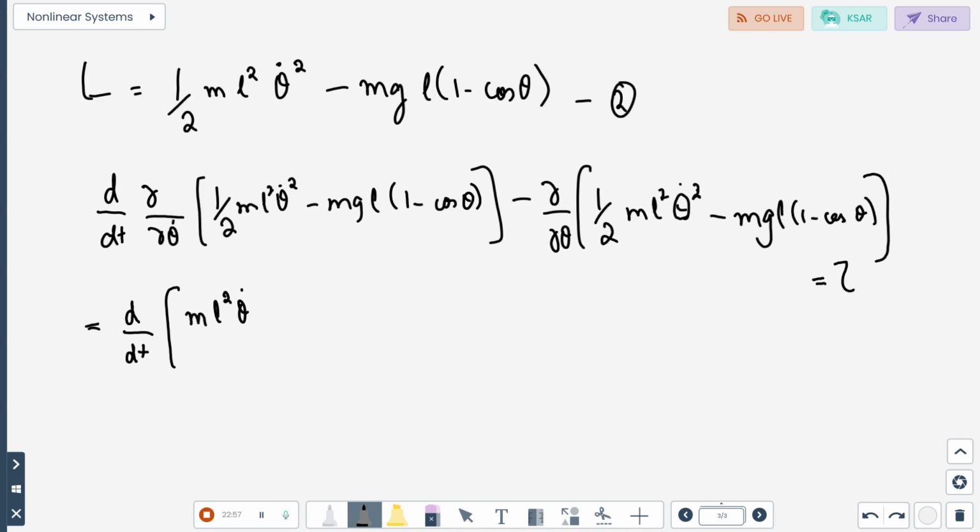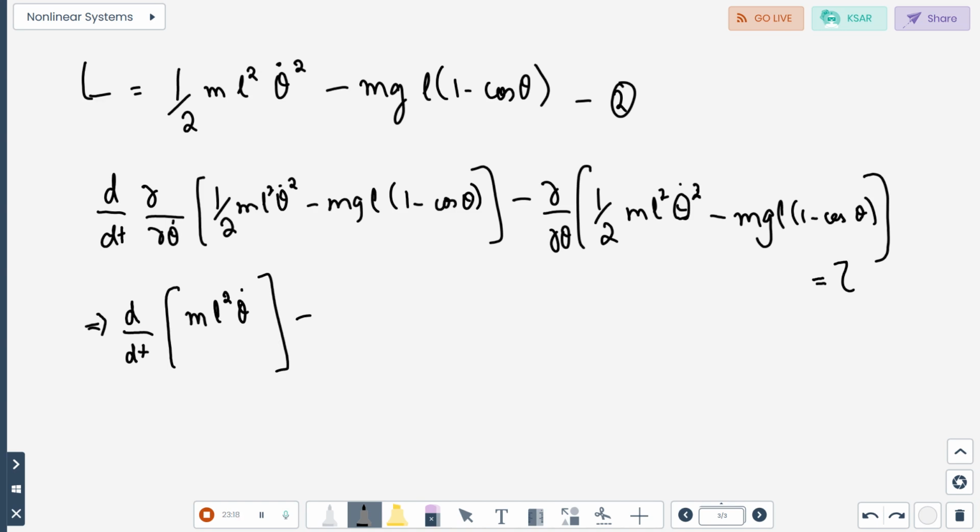minus mgl (1 minus cos theta), so differentiation of that with respect to theta dot will be 0, so this portion finishes. Minus 1/2 of ml square theta dot square, partial differentiation of that with respect to theta is 0.